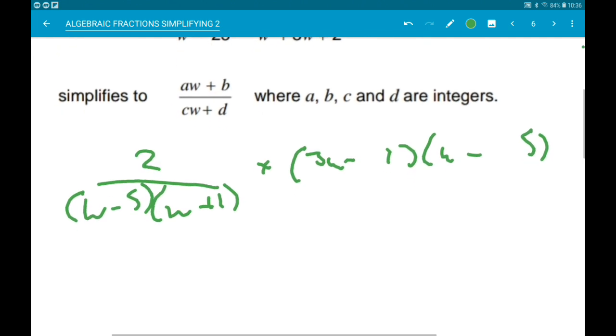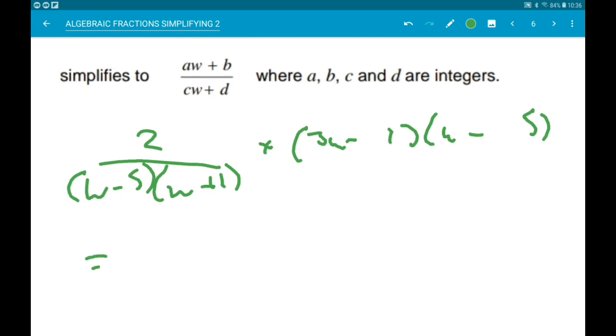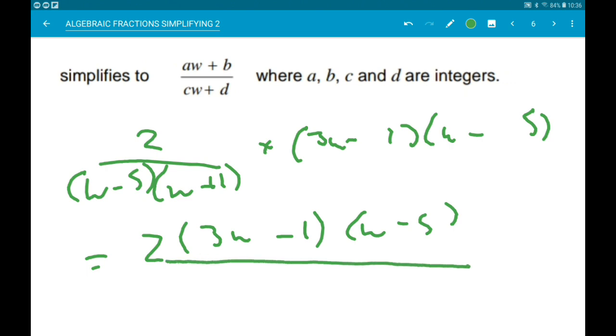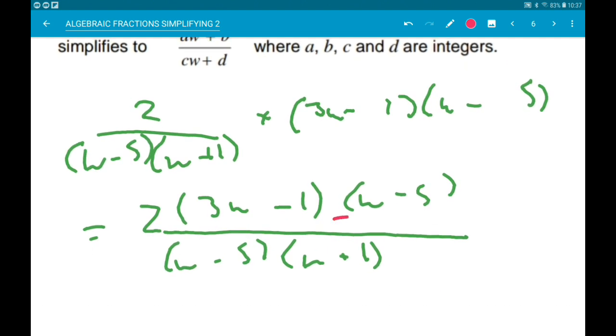So, this now becomes 2 lots of (3w minus 1) times (w minus 5) over (w minus 5) times (w add 1). So, we have a common factor of w minus 5.